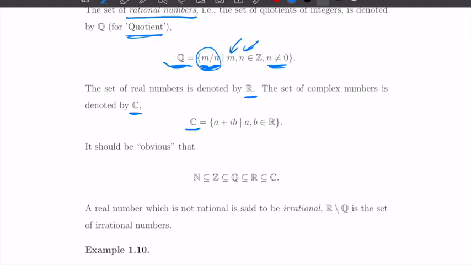And this is again a pair of two real numbers, but we have this i here. i is of course one of the square roots of -1. So that means i squared is -1.